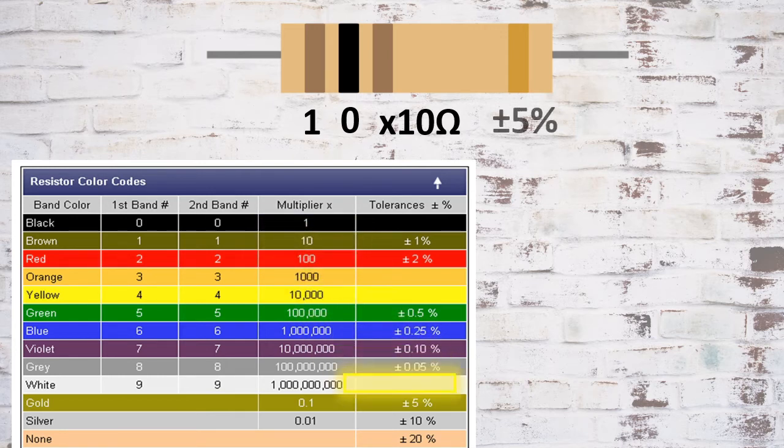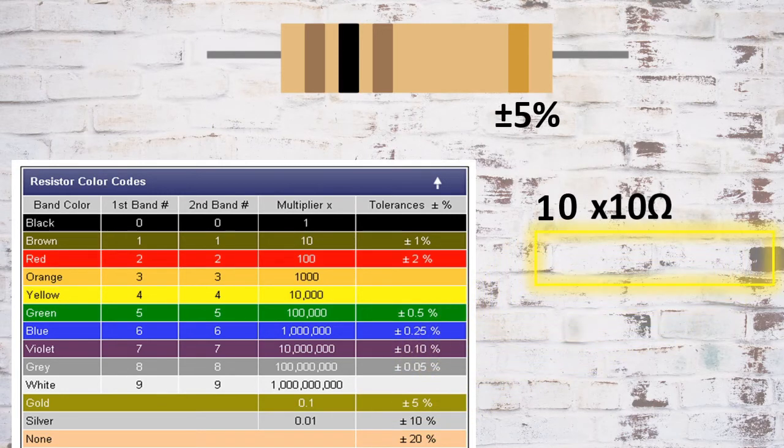And then finally, the fourth band is gold, giving us the tolerance, the value of positive and negative 5%. When we combine the numbers, we get 10 times 10 ohms. That gives us 100 ohms with the tolerance positive negative 5%.